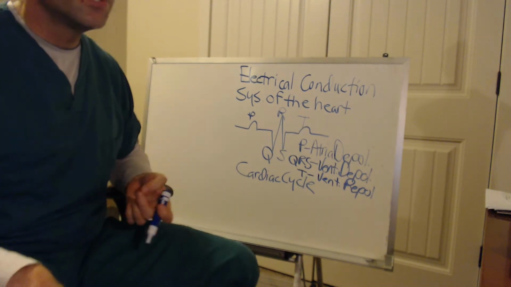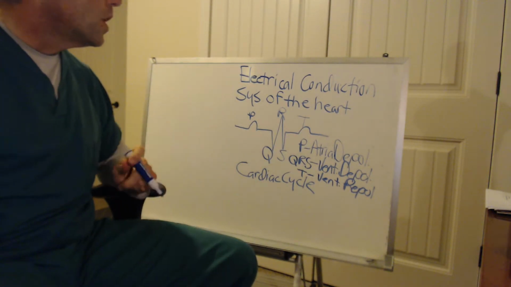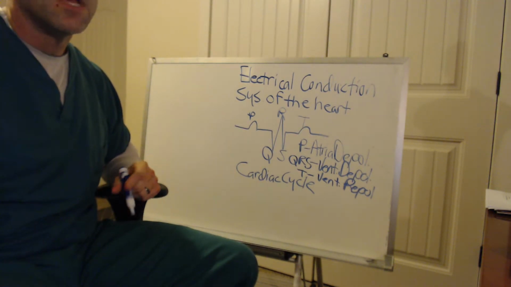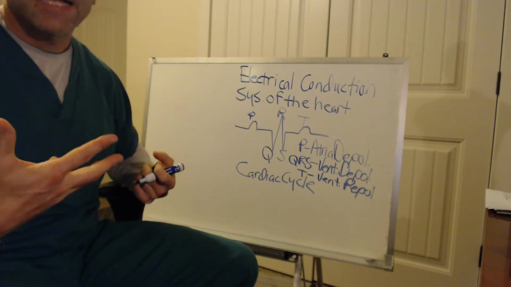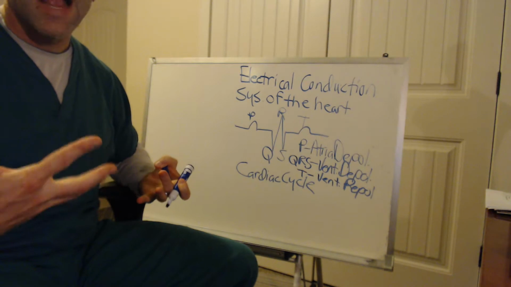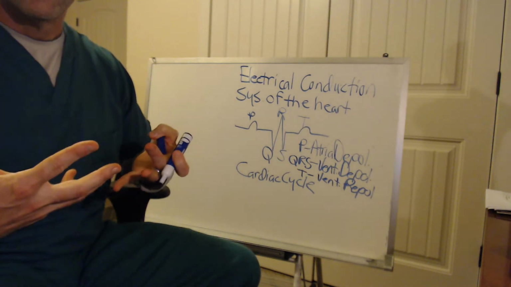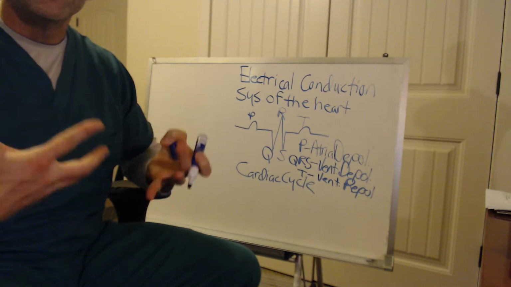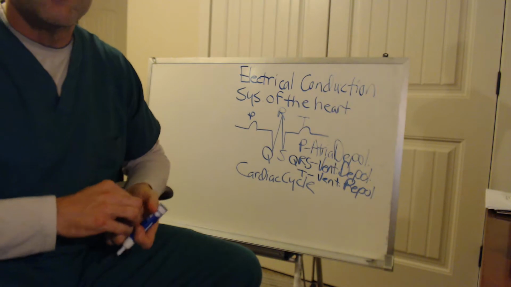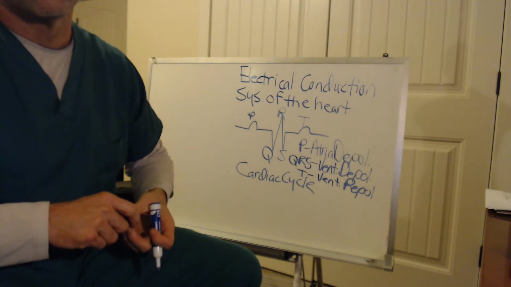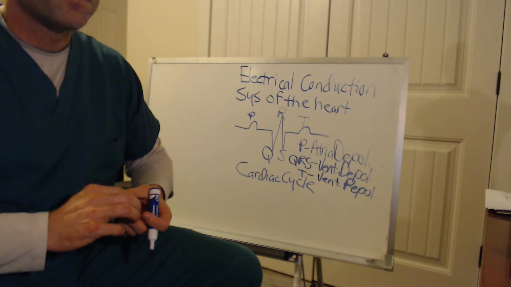But we refer to this as the cardiac cycle, and it's due to the fact that the electrical conduction system of the heart, carried out by the autorhythmic cells, telling the contractile cells when to contract, allows the heart to work in a rhythmic and efficient fashion to pump blood through as much as 62,000 miles worth of vessels. And that's enough to stretch you on the earth about 2.5 times.